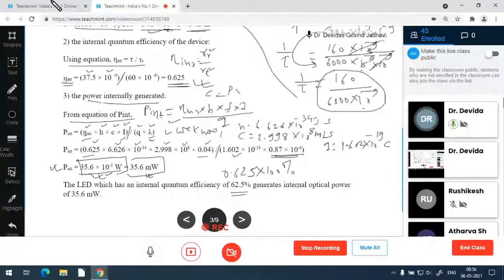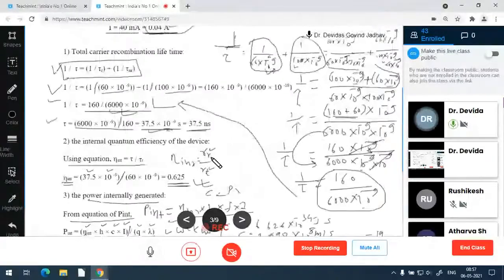So the LED with an internal quantum efficiency of 62.5% generates internal optical power of 35.6 milliwatt. This is the answer. For the quantum efficiency, the options are 0.625 and 62.5, and they are both correct, so the third option, both A and B are correct, is the one to select.